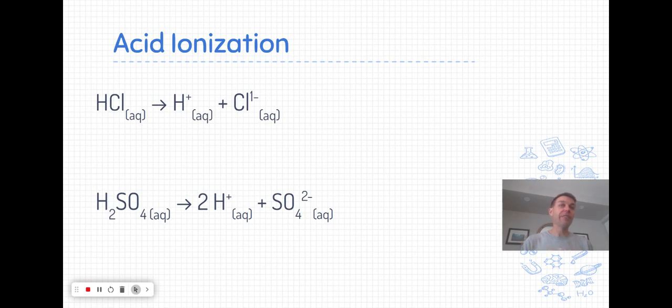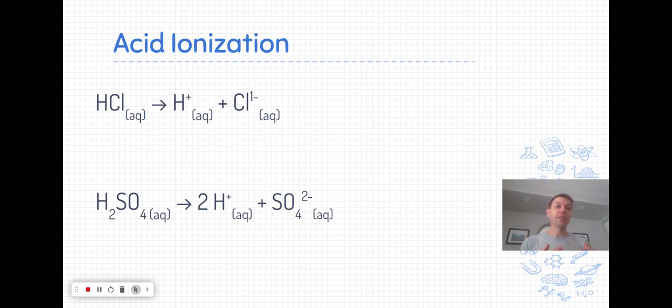At the top, we have hydrochloric acid. We see that in the balanced chemical equation, every one molecule of hydrochloric acid produces one hydrogen ion and one chloride ion. It's a 1-to-1 ratio between the unionized acid and the quantity of hydrogen ions. This is what's referred to as a monoprotic acid.